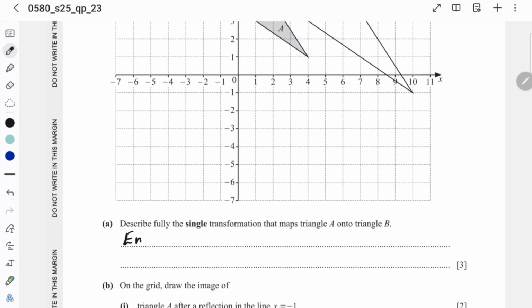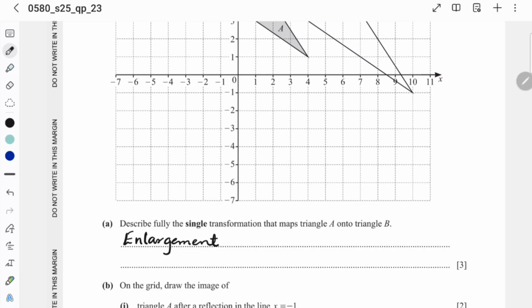It's an enlargement. In enlargement, we need to give the center of enlargement. How do we get it? By joining the corresponding points; wherever all the corresponding points meet, that is the center of enlargement. And we will also have to see the scale factor. Scale factor equals the length of image upon the length of object.